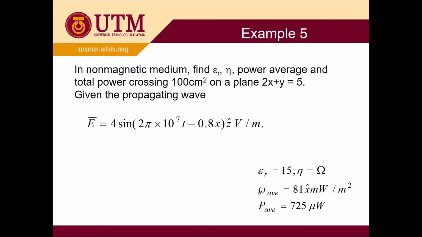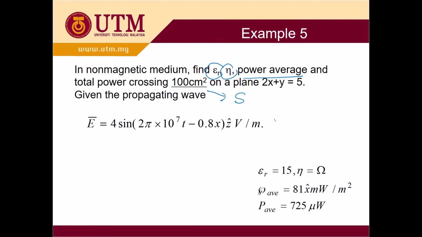Okay, we see example 5. In a non-magnetic medium, find the epsilon r, intrinsic impedance and average power, and total power crossing S equal to 100 centimeter square on a plane 2x plus y equal to 5. Given the propagating wave is E equal to 4 sine of 2 pi multiplied by 10 to the power of 7 t minus 0.8 x, in the z direction, volt per meter.